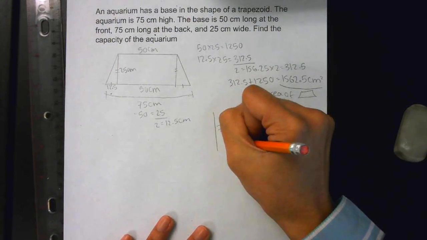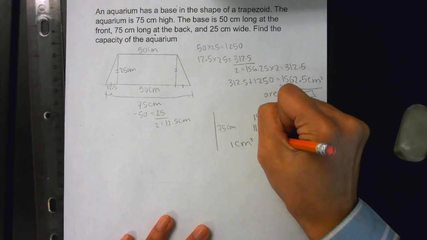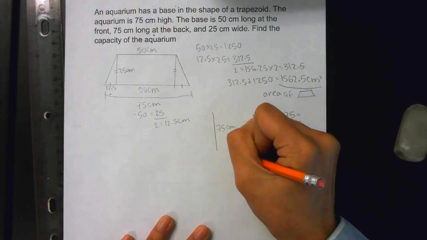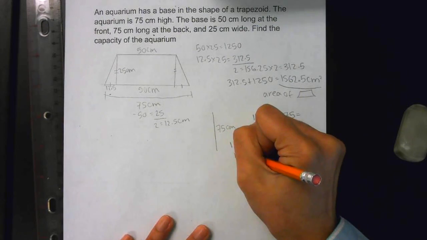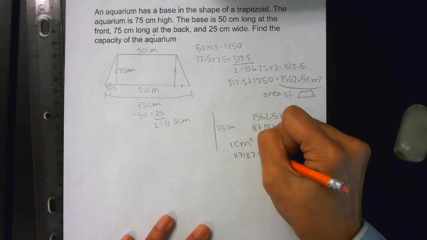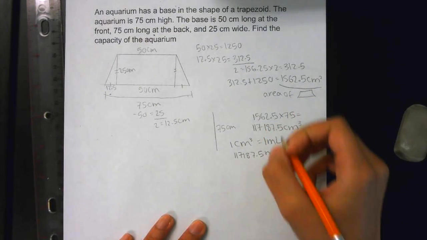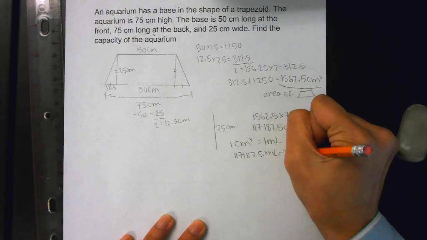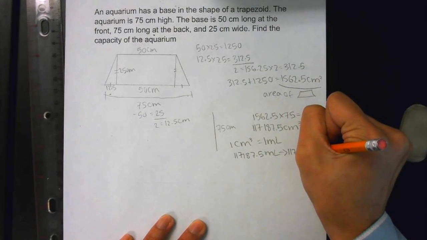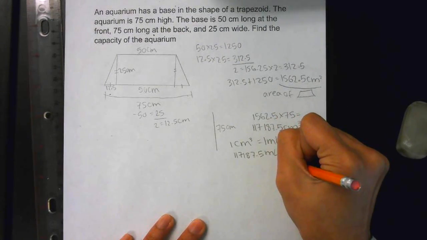And then we know that 1 centimeter cubed equals 1 milliliter, so that would be 117,187.5 milliliters also. We have to divide that by 1,000, so that would be 117.1875 liters, or 118 liters.